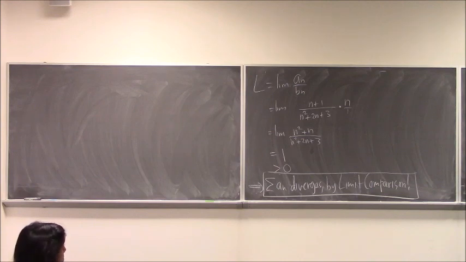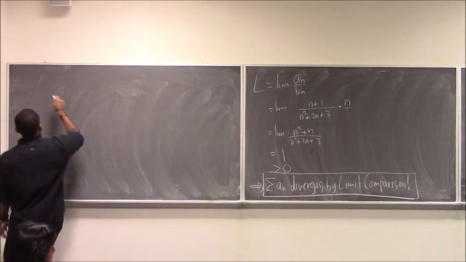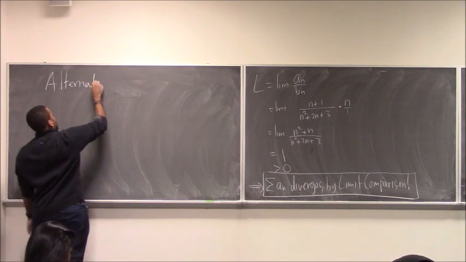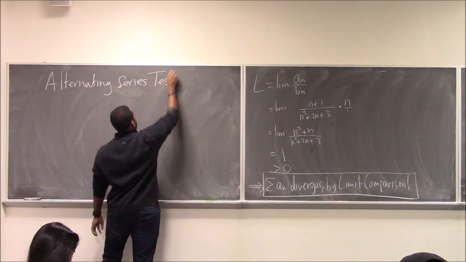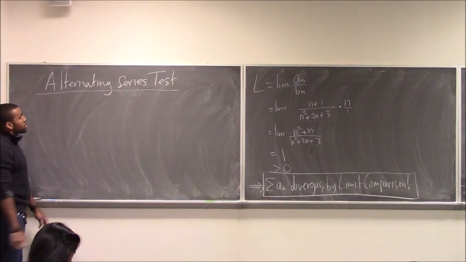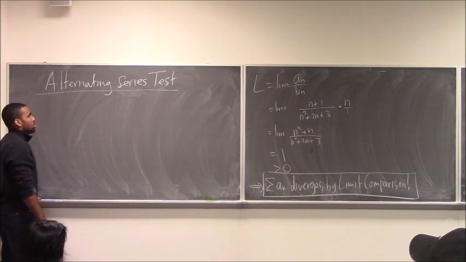Okay, so let's look at a test called the alternating series test. The name refers to the sign of the terms of the series, and basically it just means that the signs are alternating.